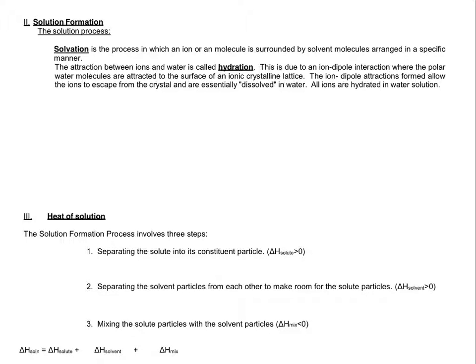When an ion or a molecule is surrounded by solvent molecules, and this is arranged in a specific manner, this is called solvation. When your solvent is water and your solute consists of ions, it's stabilized by a process called hydration.